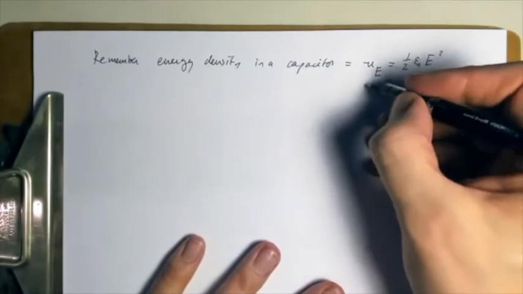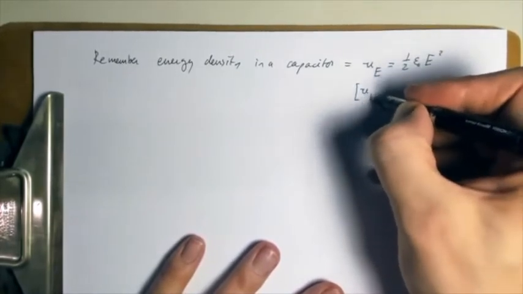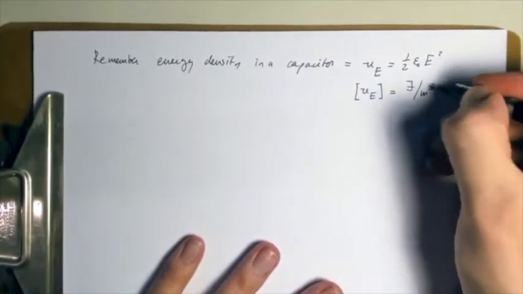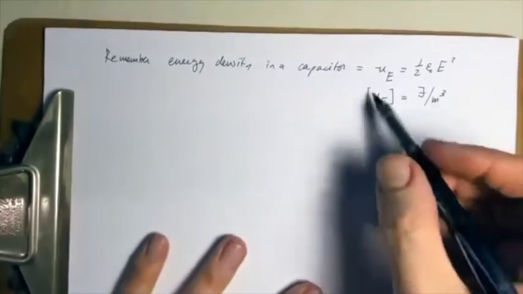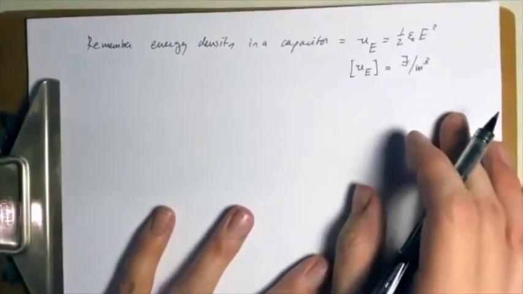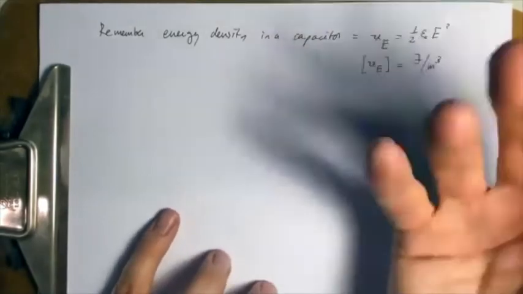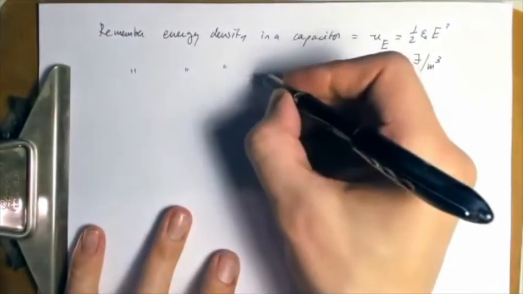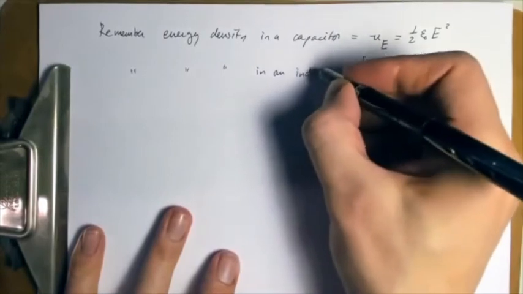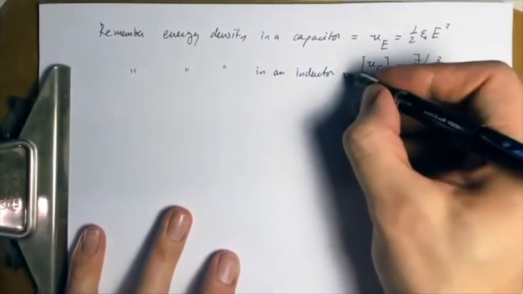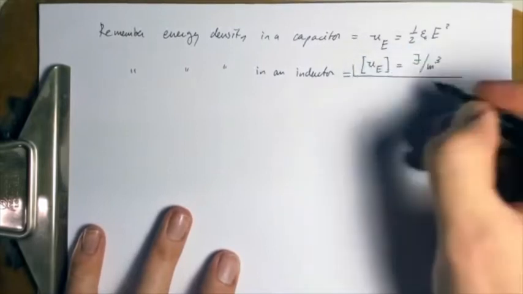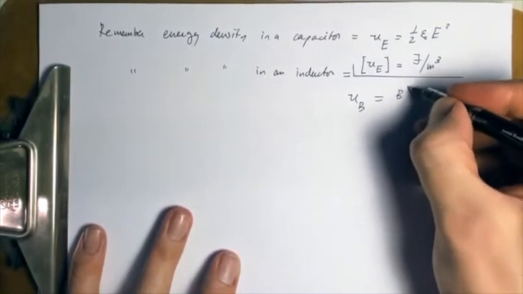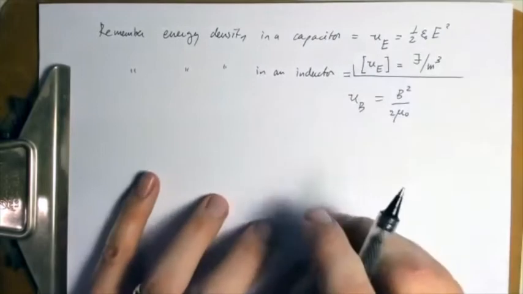And remember that by energy density, we mean, because we use lowercase, joules per cubic meter. So that's the energy density stored in the electric field of a capacitor. And in an inductor, this is one of the homework problems, u sub B equals B squared over 2 mu naught.